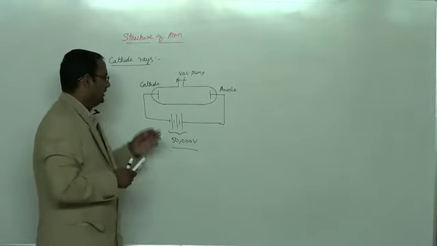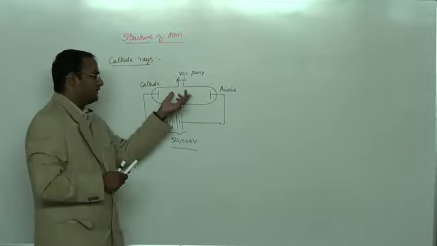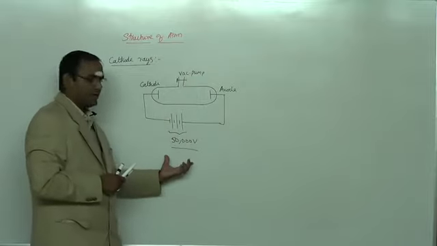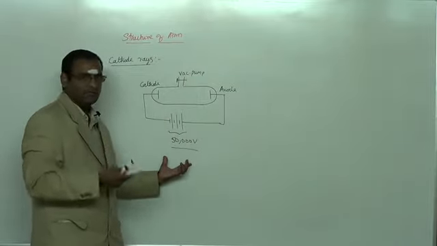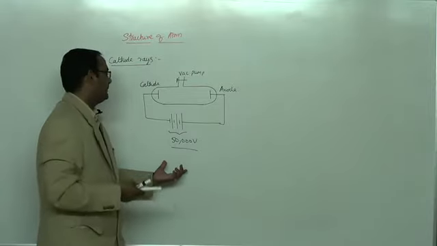So now, when a glass tube consisting of some gas is connected with two electrodes to a very high potential of the order of 50,000 volts, it may be even more, 1 lakh volt, 2 lakh volt, depending on the experiment.